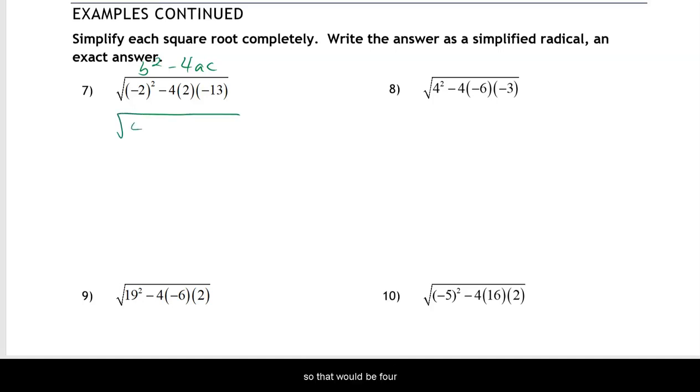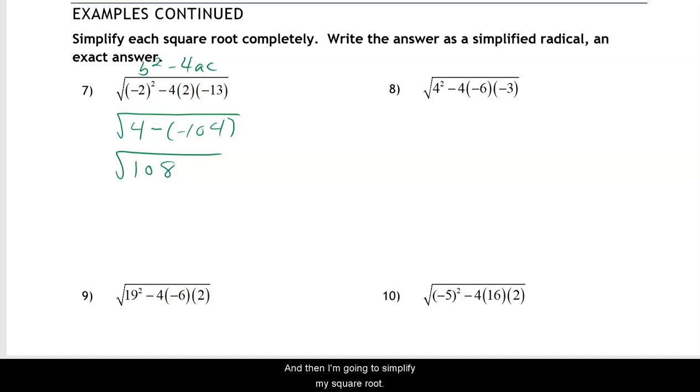So that would be 4 minus, and I can go ahead and multiply all that together. 4 times 2 times negative 13 would be negative 104. I'm going to combine my numbers there by subtracting. 4 minus 104 would be 108.